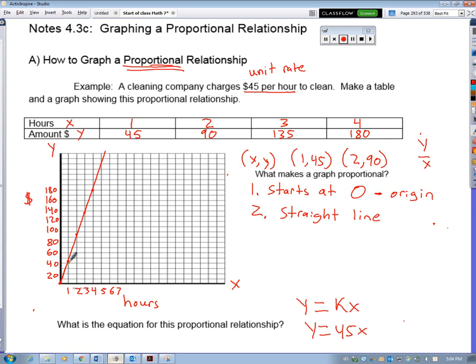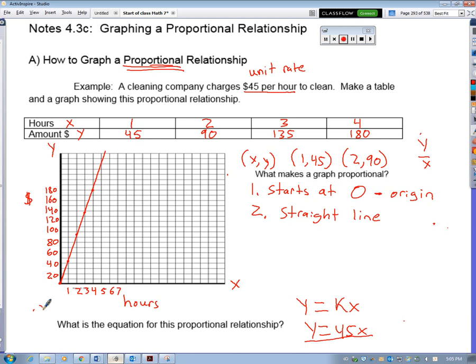So from 1 hour to 2 hours, that's another $45. 2 hours to 3 hours, 45, and so on. That's where our equation fits in, each point is $45 away from the second point as we keep climbing. Alright? Kinda neat, isn't it? Well, even if you don't think so, I think it is.